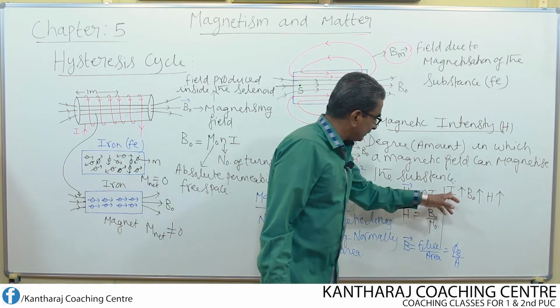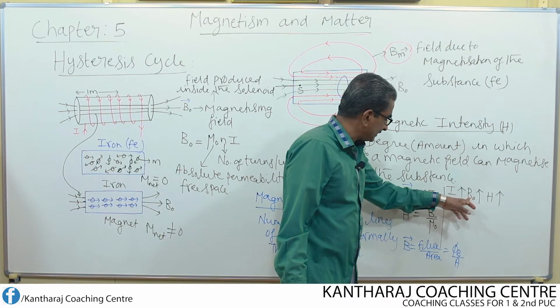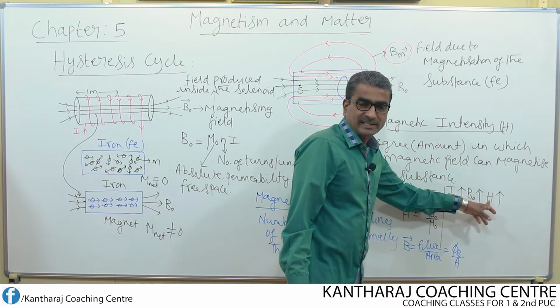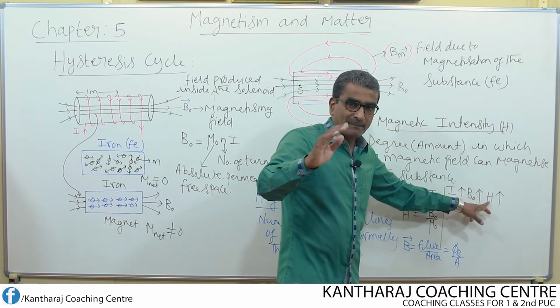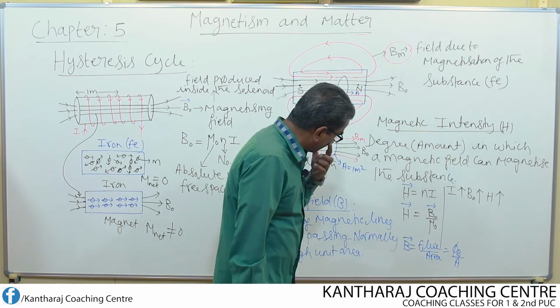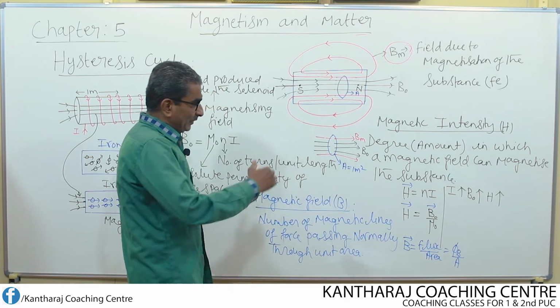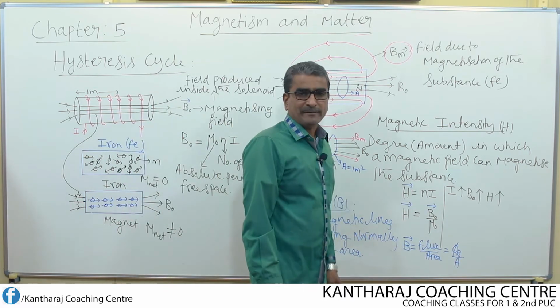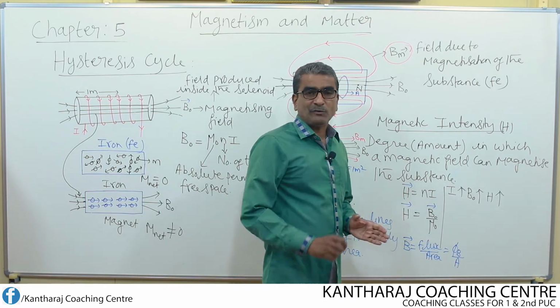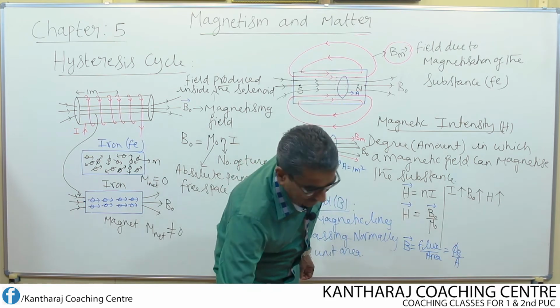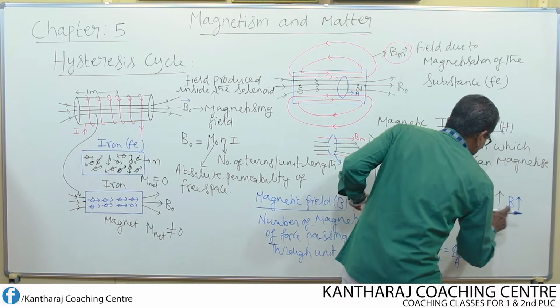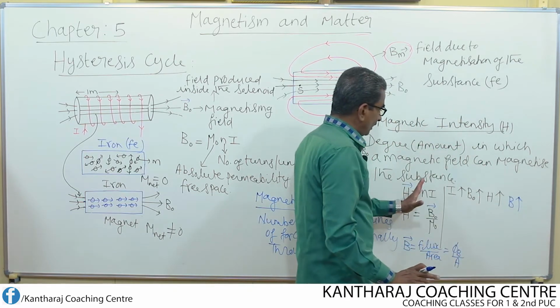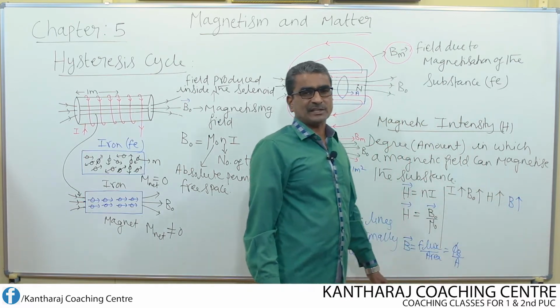We understood that by increasing I, B naught increases. If B naught increases, H increases. Then if H increases, what happens to B? Look into this equation now. If H increases, what happens to B? So the magnetic field B also increases. So this is how all the terms are related to each other.